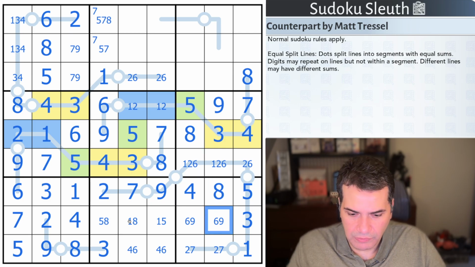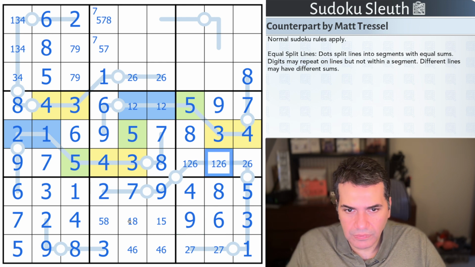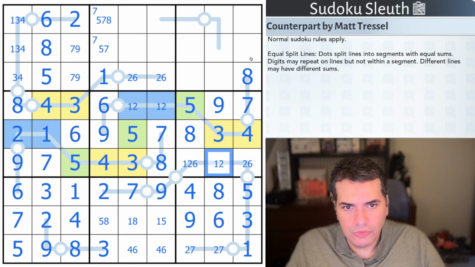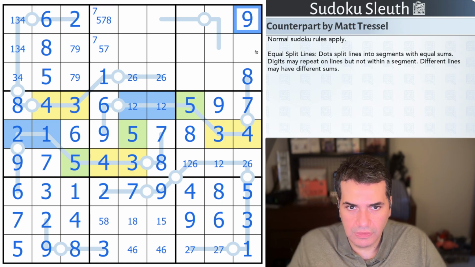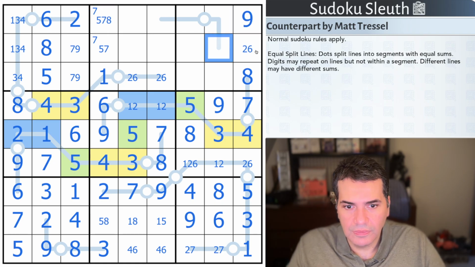The 9 gave me 6 and 9 in there. This is not 6. This is, I already said this is not 1. Not sure I have a lot more to go on right now. So up here I have another 2, 6 and a 9. The 2, 6 is not here. That's the 9. This is the 2, 6.